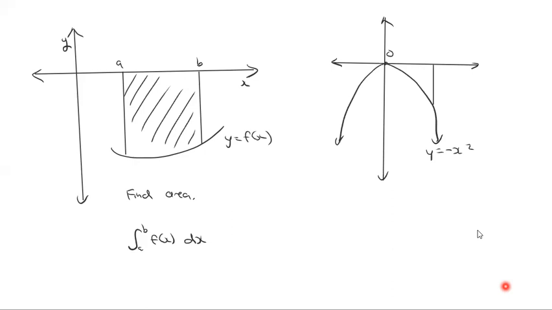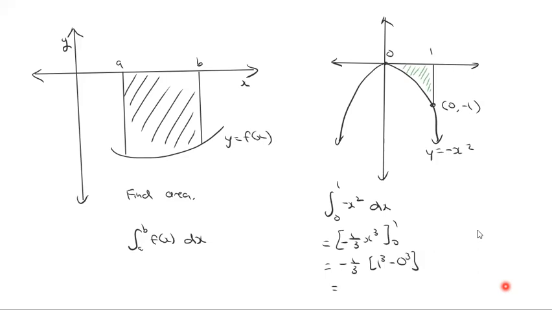So if I do the integral of negative x squared dx from 0 to 1, you'll find it's negative a third x cubed, from 1 to 0. So in other words, we're saying find this area, green. And as a tip, because it's a constant, you can just take that out. So it's 1 cubed minus 0 cubed, which is just 1, leaving you with negative a third.